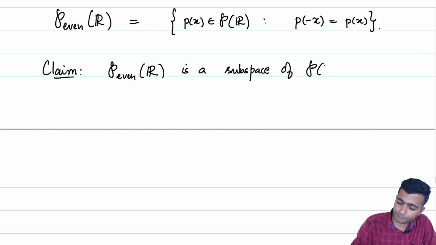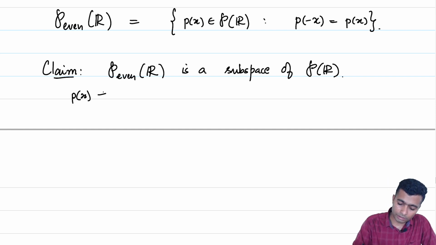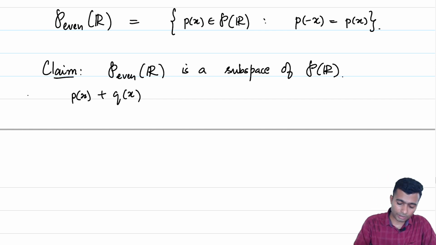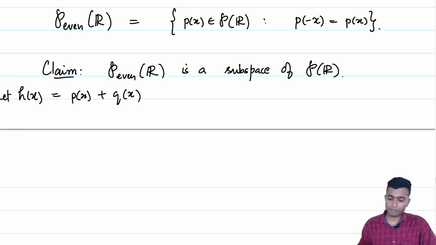So, let us take two such vectors p and q and try to see whether their sum belongs to P even of R. Let h of x be equal to p of x plus q of x.